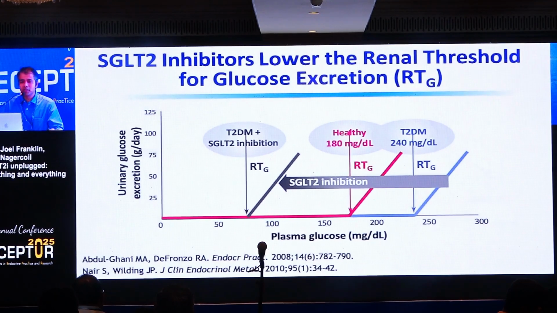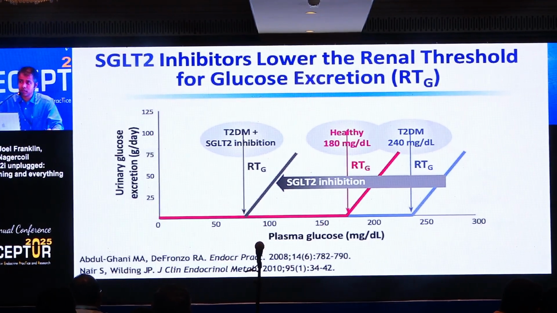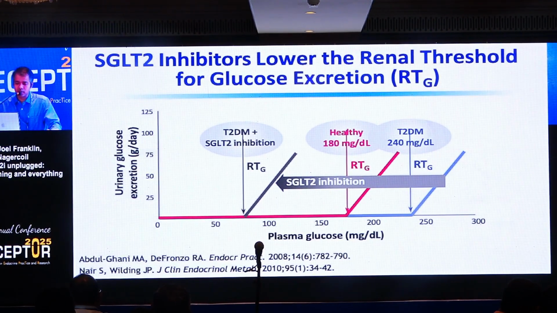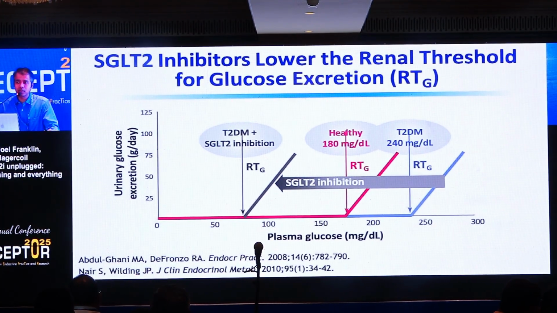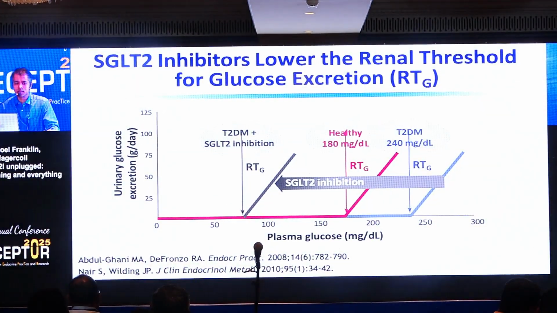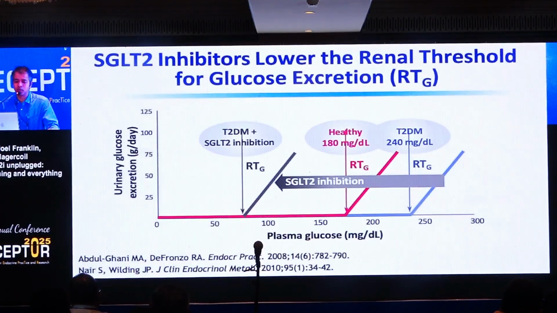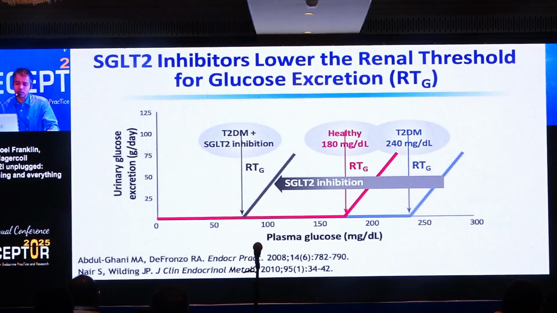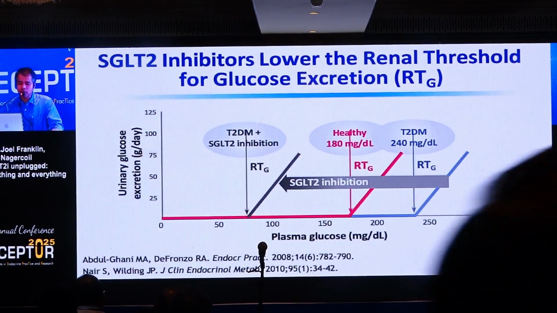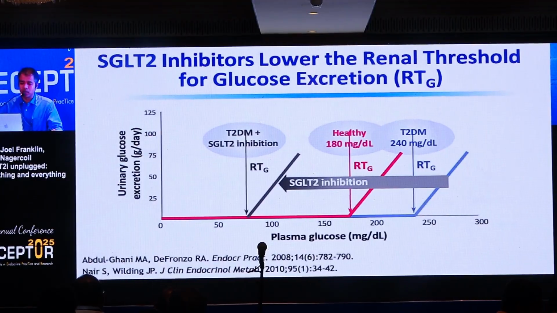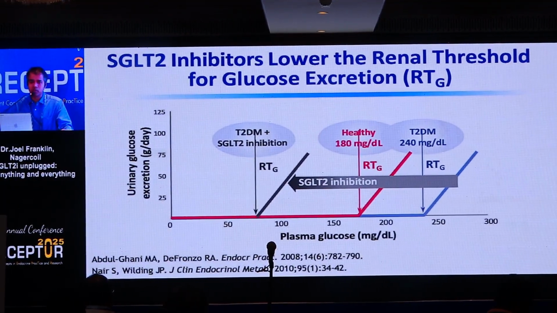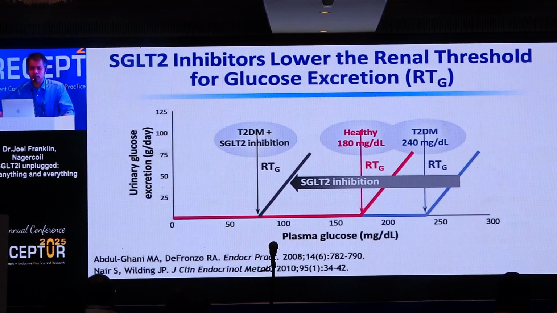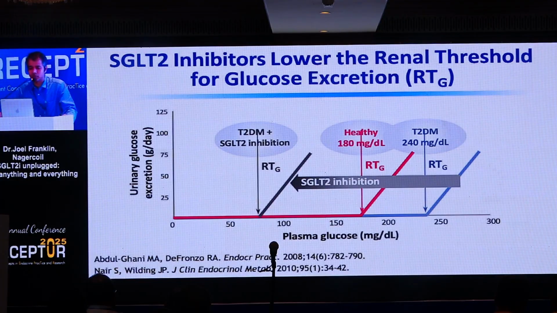There is a paradoxical signal telling the kidney that as the glucose level increases, you hang on to the glucose. Thereby the renal threshold also starts to increase. When the HbA1c is 6.5, the renal threshold will be around 200, and when it goes to 9, the renal threshold becomes 240 to 250 mg per deciliter.